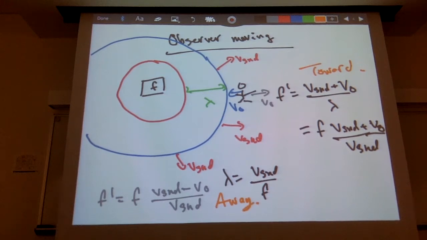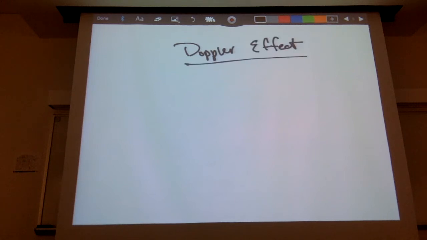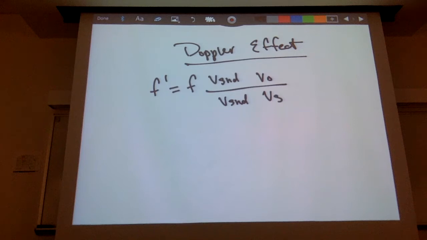So what we call the Doppler effect is actually both of these two effects put together. So the actual Doppler effect is these two things simultaneously. So here this says that the apparent frequency is equal to the actual frequency times the speed of sound, speed of the observer, divided by speed of sound, speed of source.